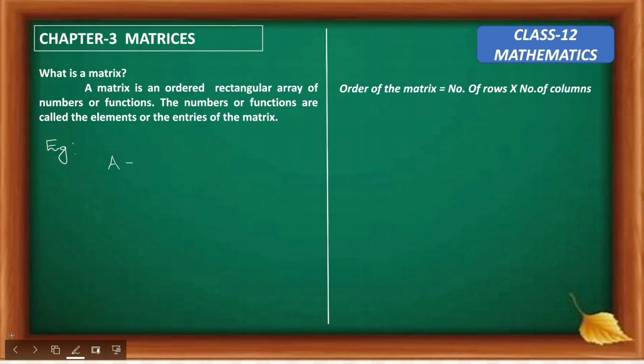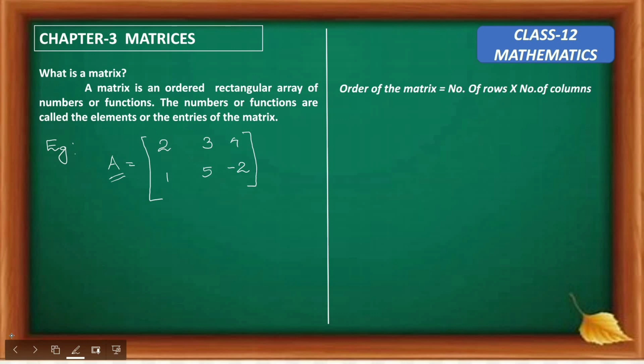A equal to matrix 2, 3, 4, 1, 5, minus 2. We always represent a matrix using capital letters A, B, C, anything you can use.